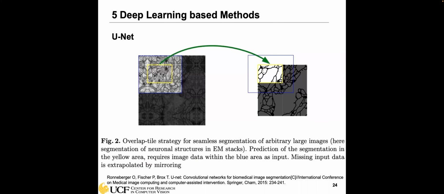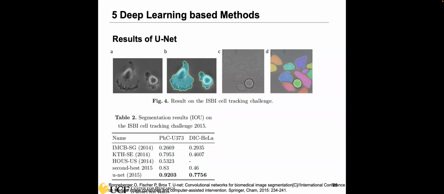And once this tile is segmented, you can move to the next position, and of course there is going to be some overlap, so you can take the average of them for the segmentation result. And this is the result for the U-Net. There are some Dice scores and intersection over union of the U-Net on this cell tracking challenge.